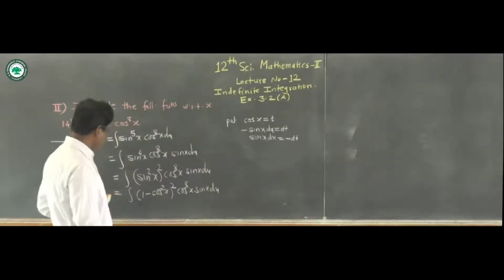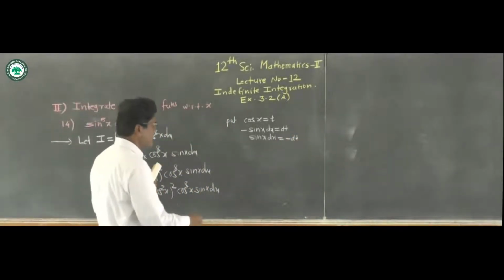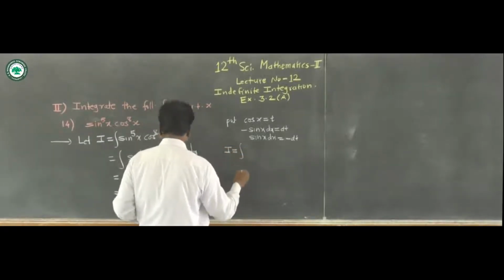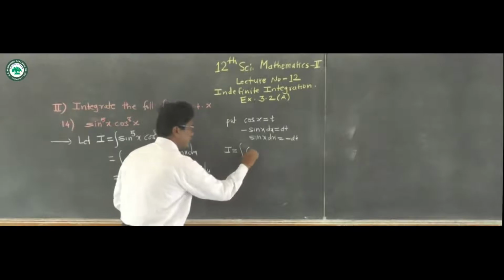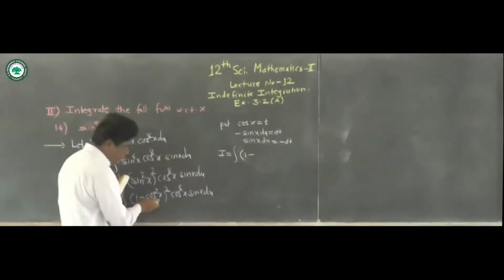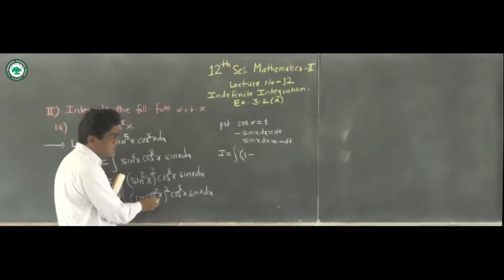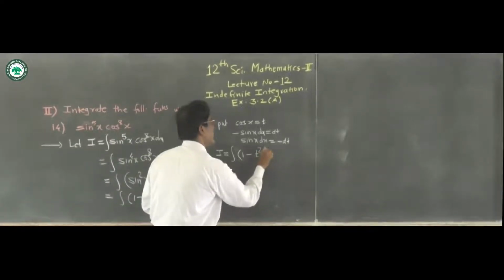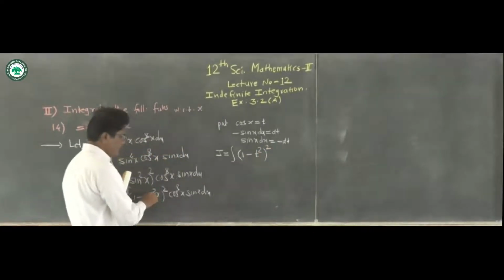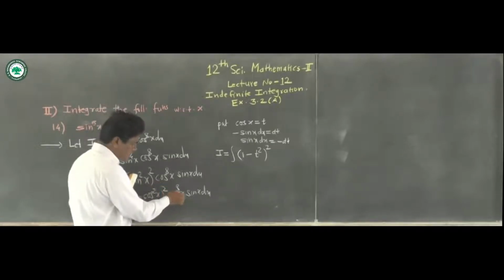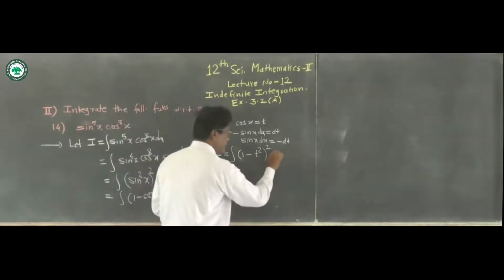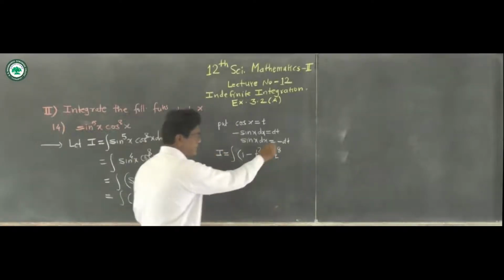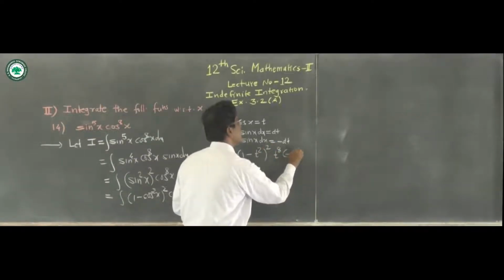And therefore this required integral I becomes I is equal to integration of 1 minus cos square x, so put cos x as t, so t square, bracket square, and cos x as t, so t to the power 8, and sin x dx is replaced by minus dt.